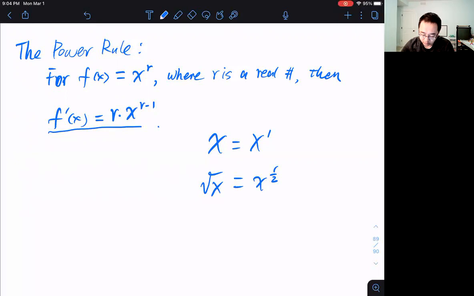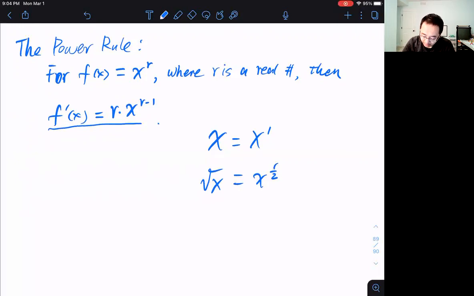When you take the derivative of this function, you bring down the power of the x. If f of x is x raised to the 1/2 power, or f of x is the square root of x, then f prime of x, the derivative, is found by bringing that power down, whatever it is.